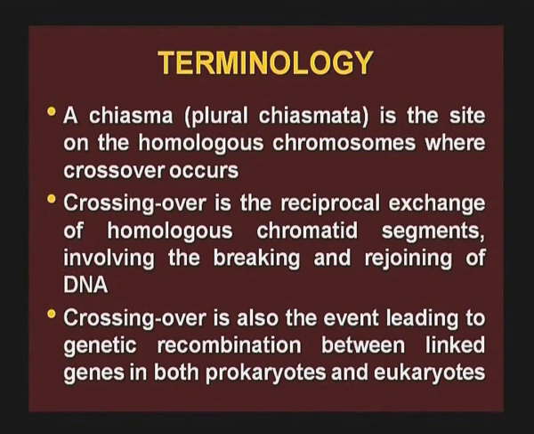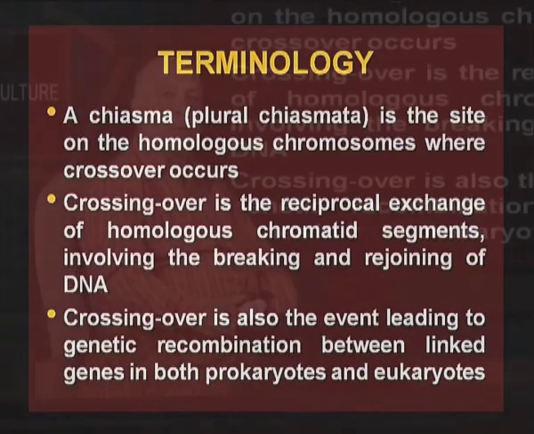Crossing over is the reciprocal exchange of homologous chromatid segments involving the breaking and rejoining of DNA. Crossing over is also the event leading to genetic recombination between linked genes in both prokaryotes and eukaryotes.